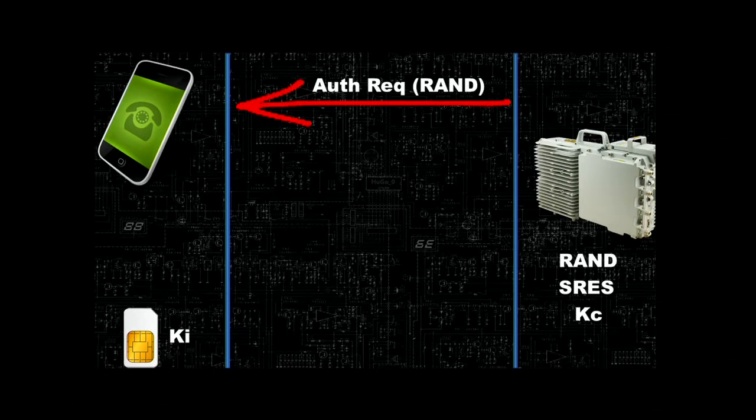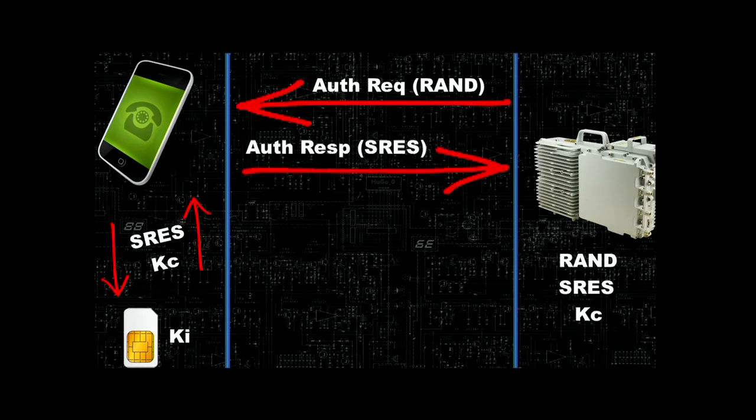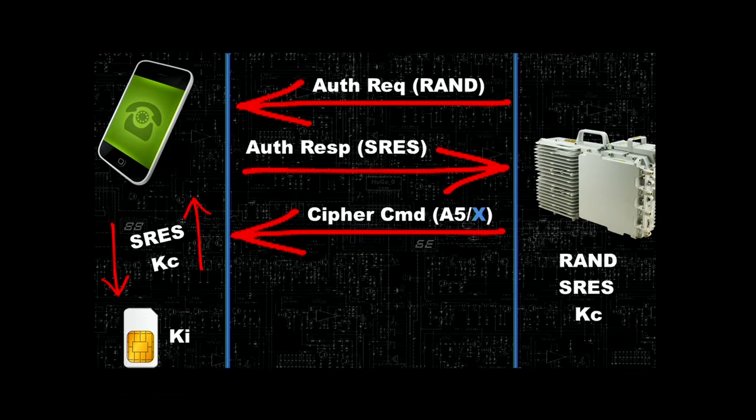On the operator side, a triplet is generated: a random number, the RES, and the encryption key. The base station will transmit this random number to the phone, which then sends it to the SIM card, which returns two values, the RES, which the operator checks to identify the subscriber, and the Kc.